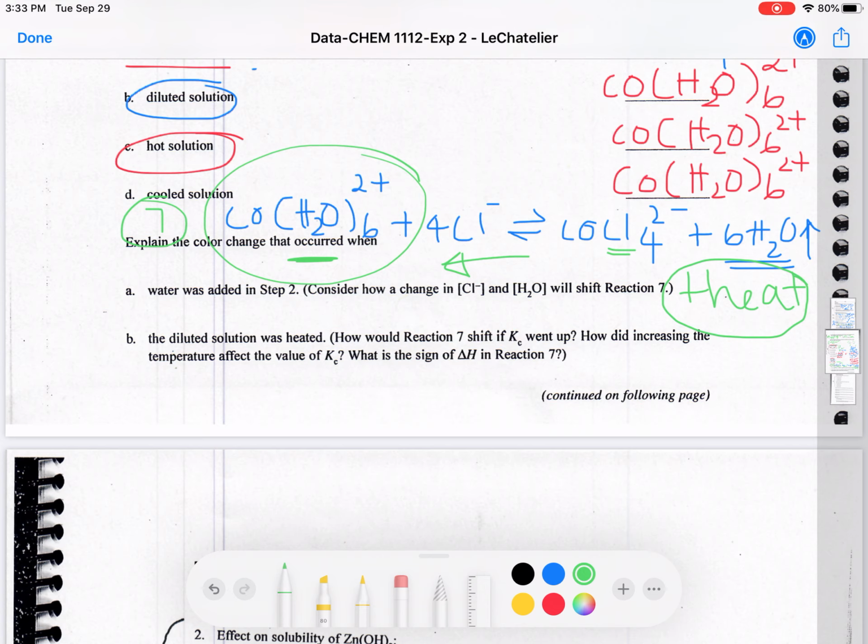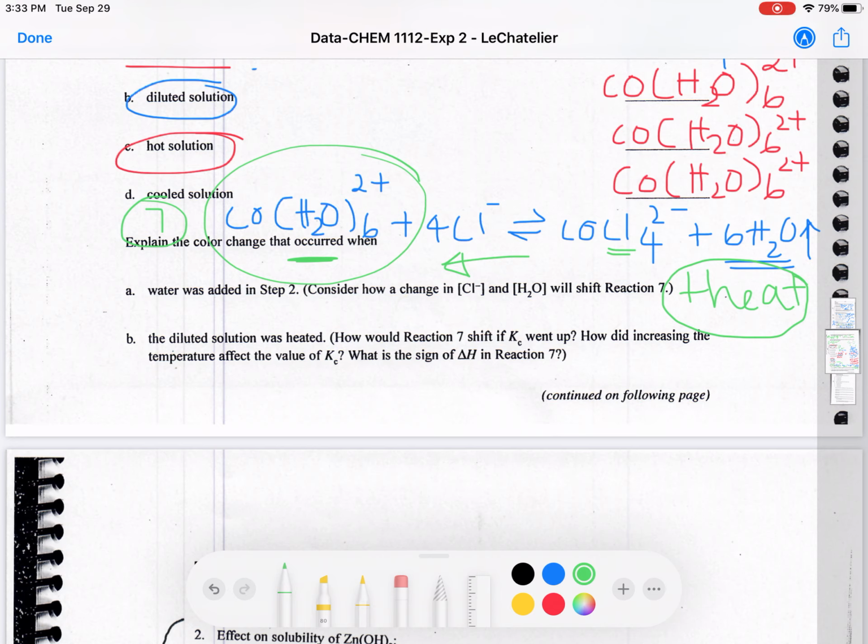The forward reaction, going from cobalt hexahydrate to the cobalt chloride, is exothermic. So in an exothermic reaction, if you add heat, Kc will decrease, because now when you add heat, the system wants to get back to equilibrium, so Kc decreases.